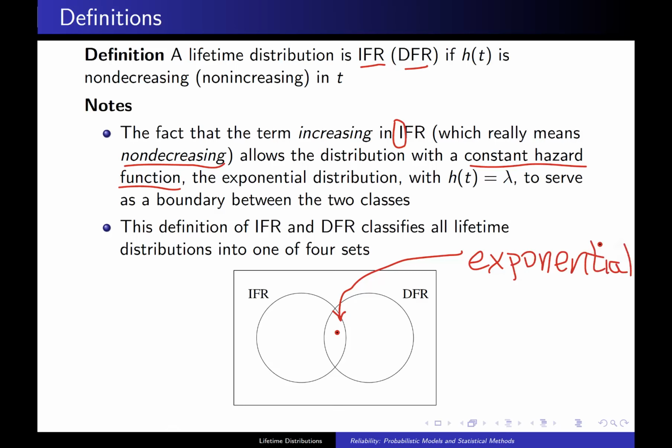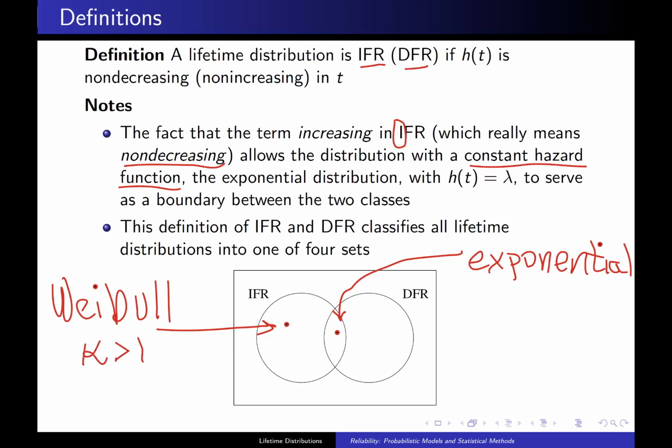On the other hand, if you want a hazard function which is strictly increasing, then an example which we've seen before is a Weibull distribution with kappa greater than 1.